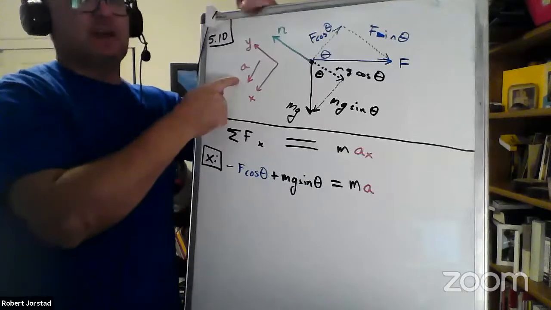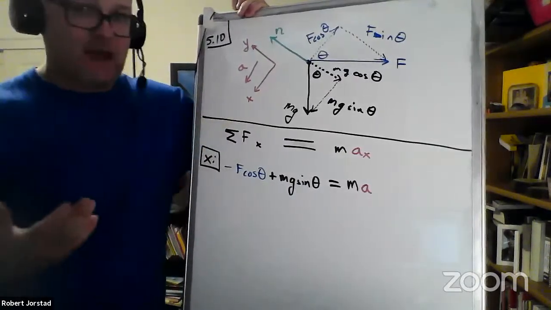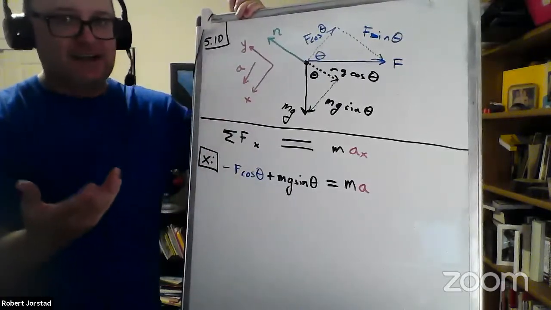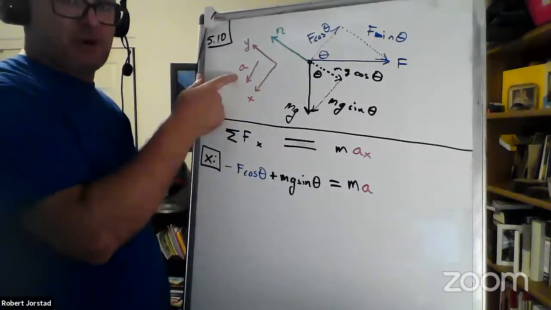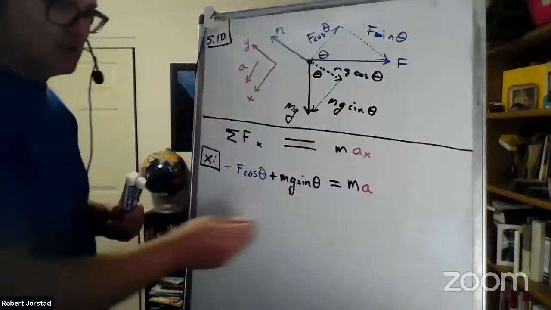Most students forget about splitting up the acceleration vector. So you have to split up two vectors, whether you rotate the coordinate system or not. So in this problem, if you don't want to think about figuring out the components of acceleration, which can be tricky sometimes, well, then maybe we do this.